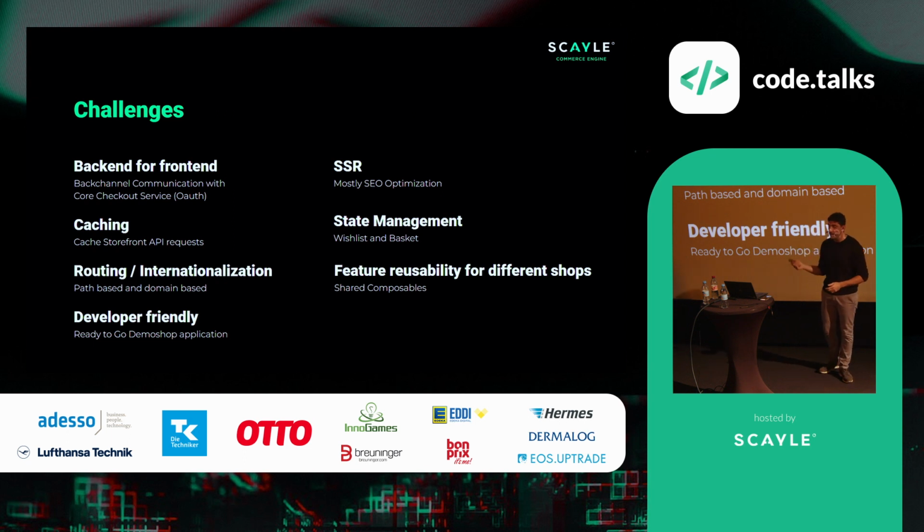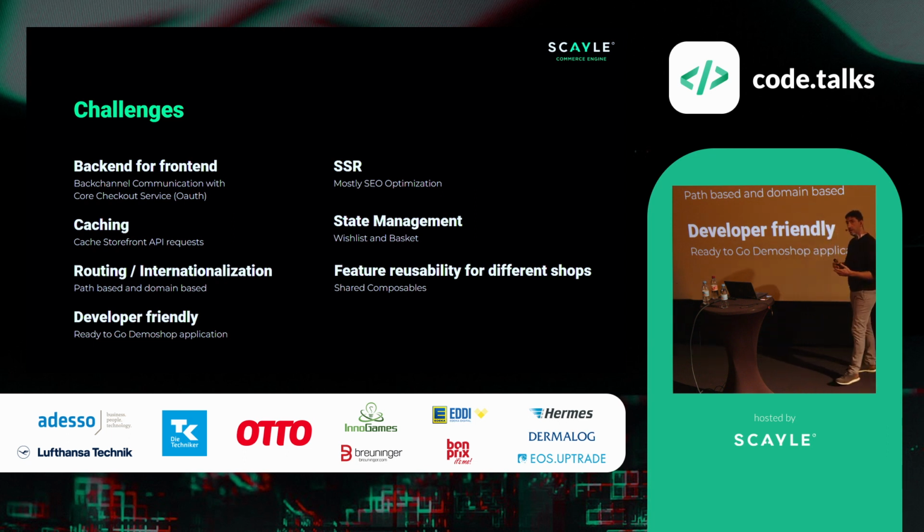Then there's also caching as a topic. The Storefront API is really powerful, but caching is always way faster, getting the information directly from memory. So we need to think about some solutions there. Then think about state management, routing, internationalization, tracking.